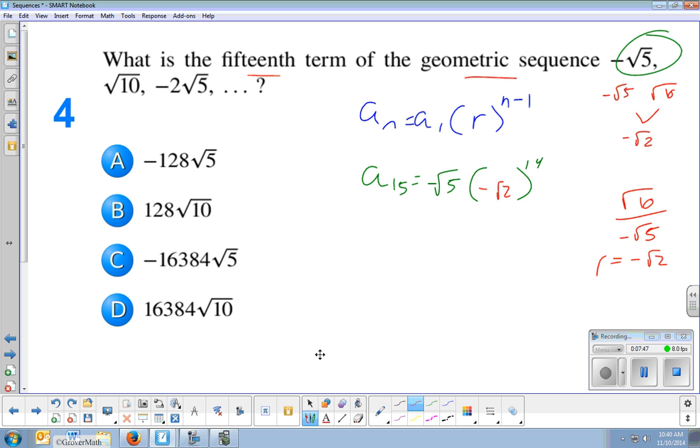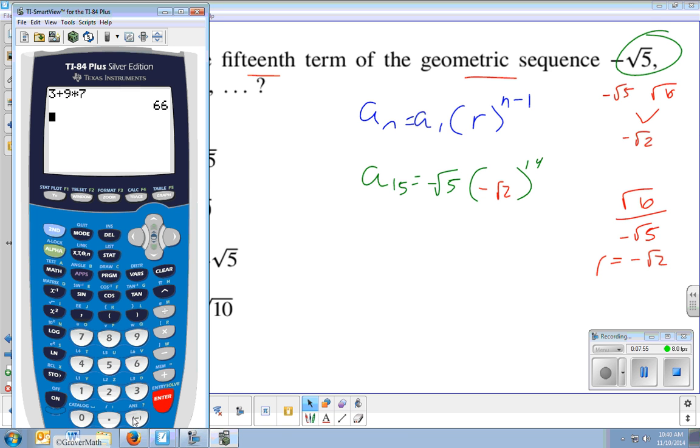All right, I think a calculator would be very useful here, although we may have to then kind of evaluate these, but let's see. So negative radical 5, parentheses, negative radical 2, and that parentheses raised to the 14th.